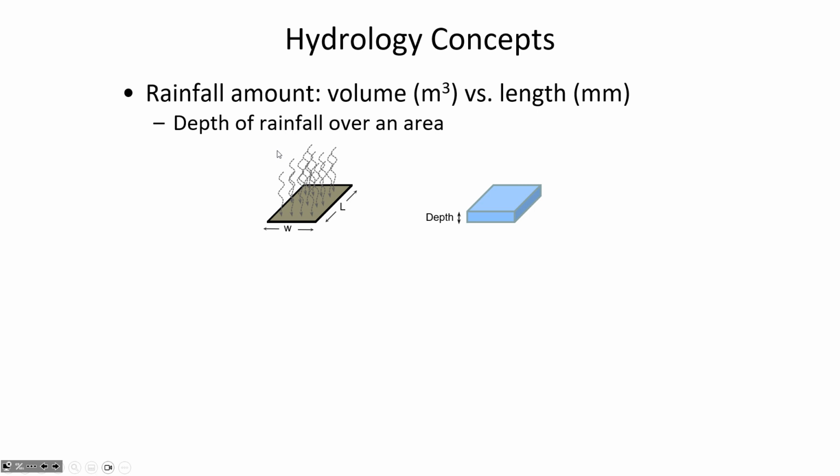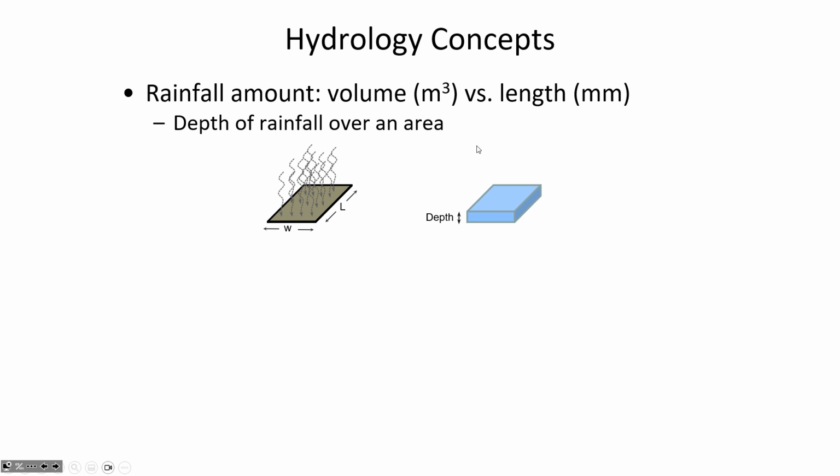So when I talk about rainfall amount, we can either talk about an amount of rainfall in terms of the volume of rain or the depth of rain that fell over a certain area. And so if you have a watershed catchment, let's say it's a parking lot. We've got a parking lot behind this building. If we know how much rainfall depth there is, and we know the area of the parking lot, then we can calculate the volume of rainfall.